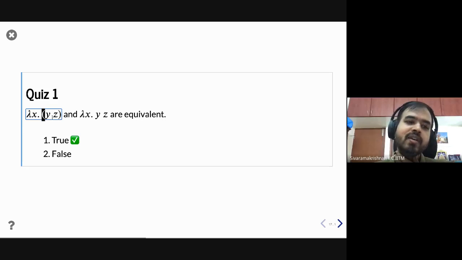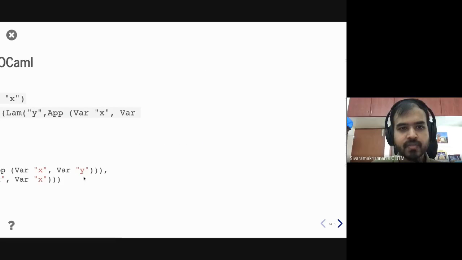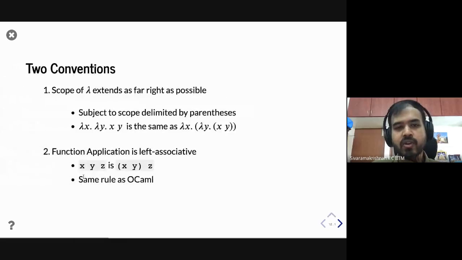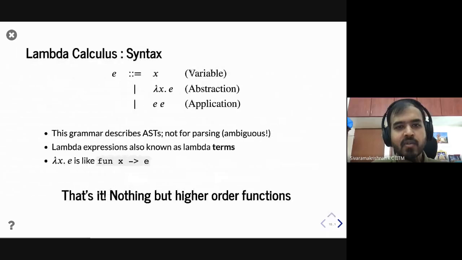Raghu, good question. You're asking whether the bracket is part of the lambda calculus. It is not, but what we write here is not the syntax, not the string representation.